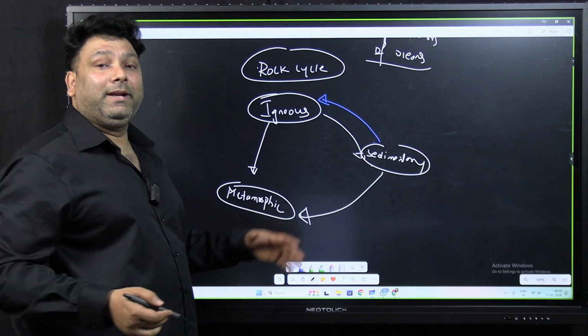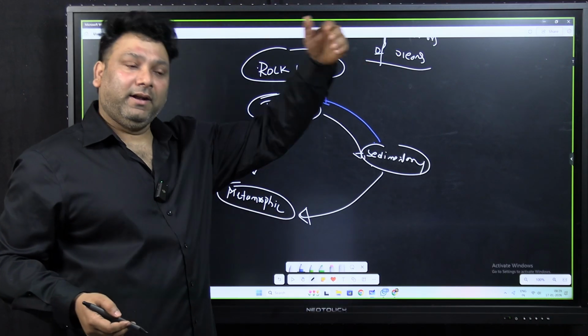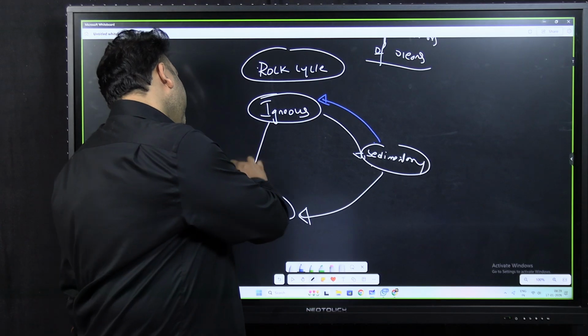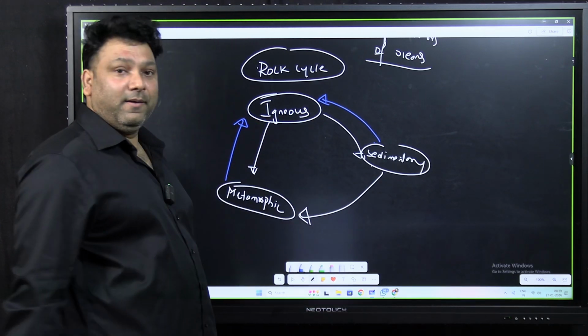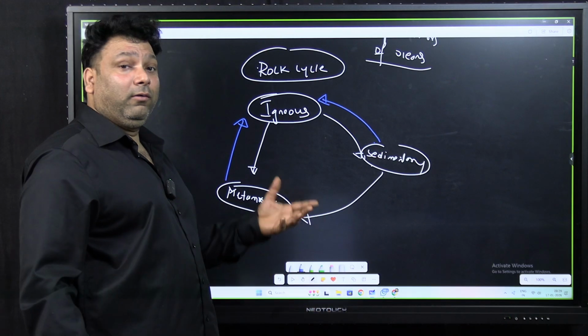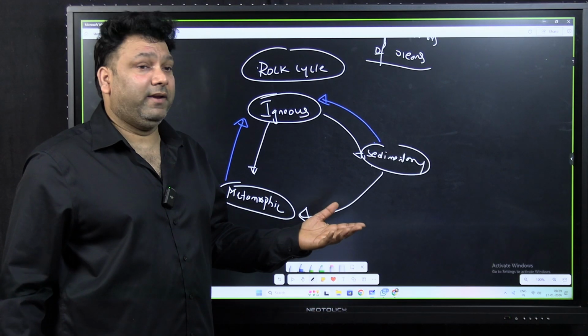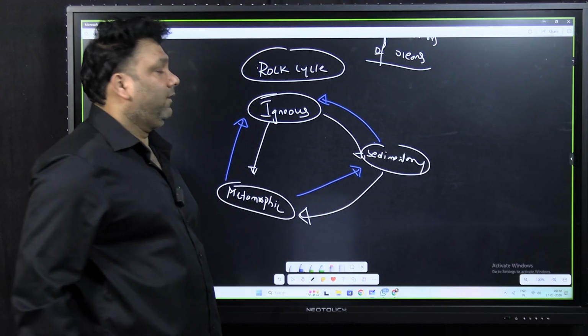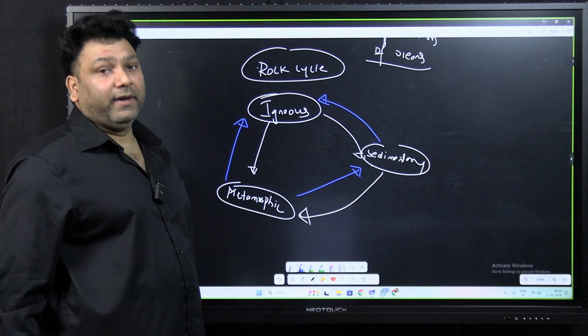Similarly, a metamorphic rock can also enter into the mantle through the trenches. Then also it can become an igneous rock. The metamorphic rock, okay, also can undergo denudation, weathering, deposition. Again it can become sedimentary rock. And this is called the rock cycle.